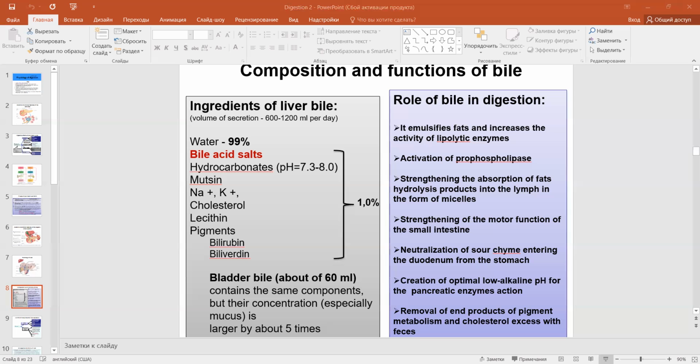Once these micelles reach the luminal membranes of the epithelial cells, the monoglycerides and free fatty acids passively diffuse from the micelles through the lipid component of the epithelial cell membranes to enter the interior of these cells.